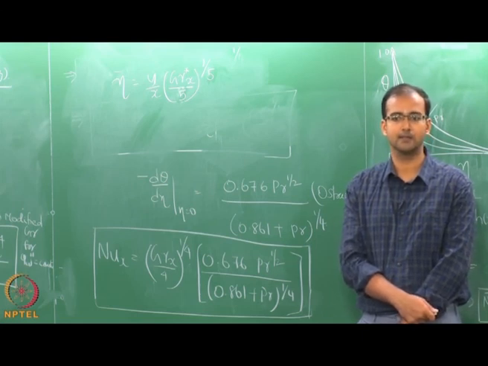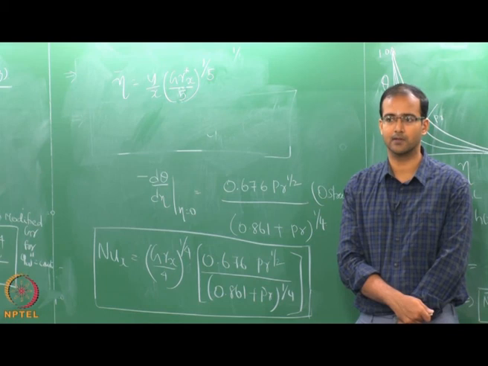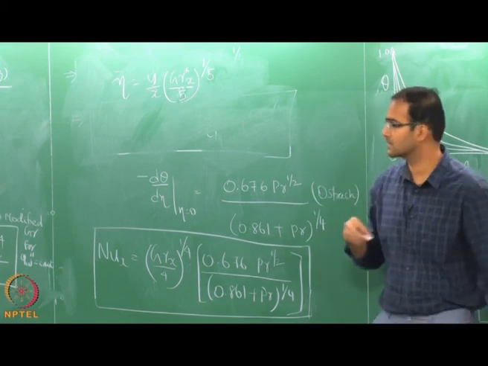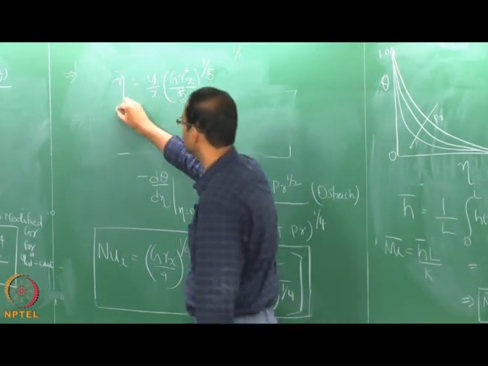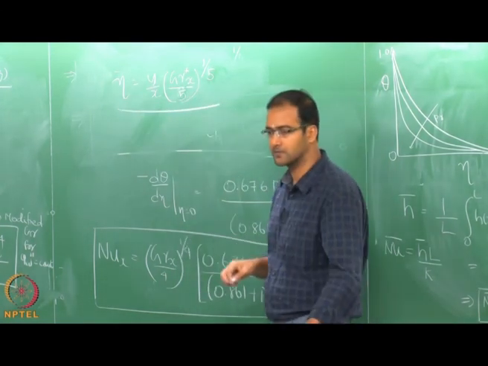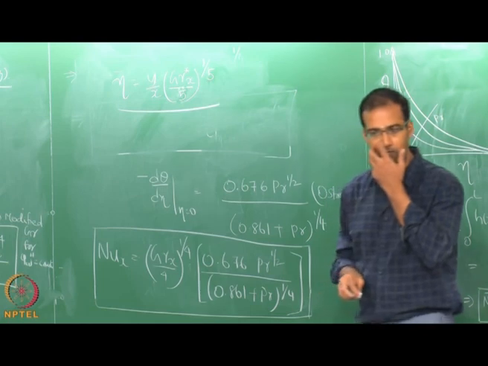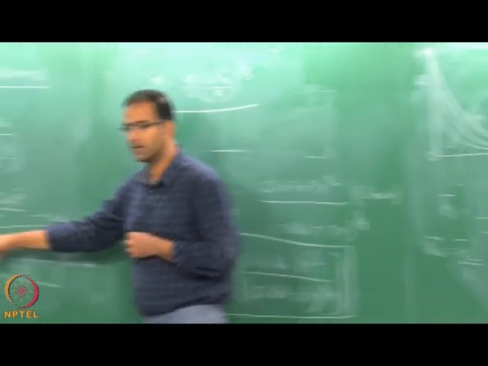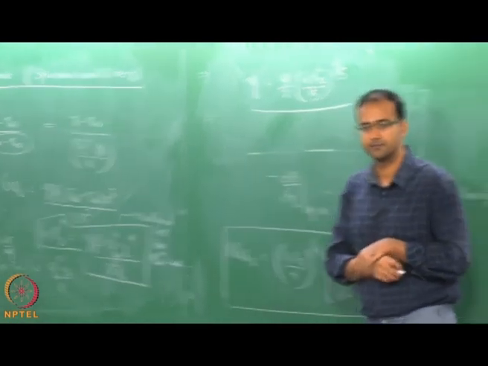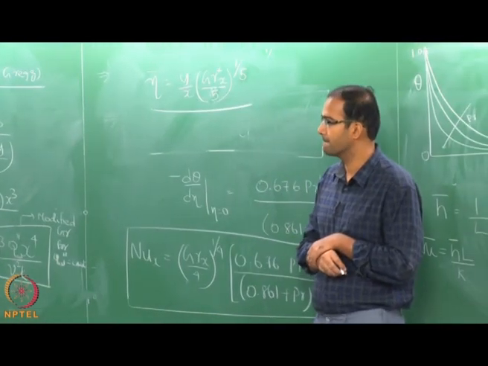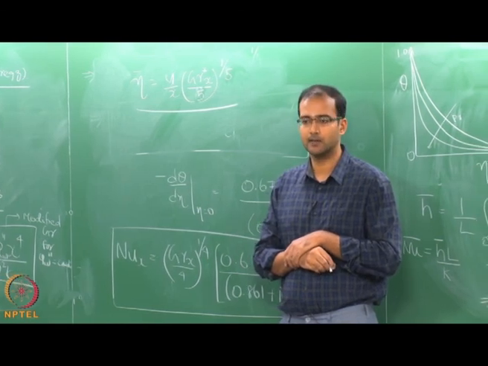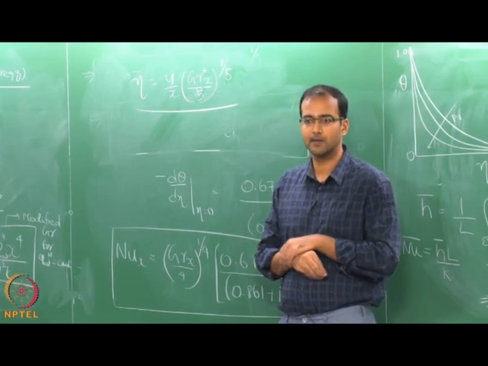So, we will check how we convert this into a similarity equation. But basically this is the starting point. We redefine the similarity variable in the constant heat flux case, because we have now defined a new modified Grashof number. Please keep this point in mind, and in the next class we will continue from here.